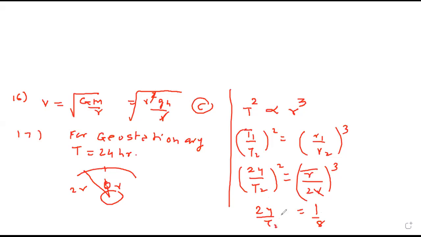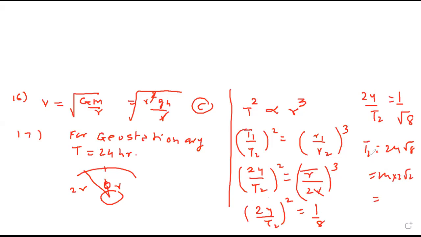So 24 upon T2 square is 1 by 8. I want T2, so taking square root, 24 upon T2 is 1 upon root 8. Therefore T2 is 24 root 8. Can we write root 8 as 2 root 2? Yes, sir. So this will become 48 root 2 hours, which is the required answer. Right.